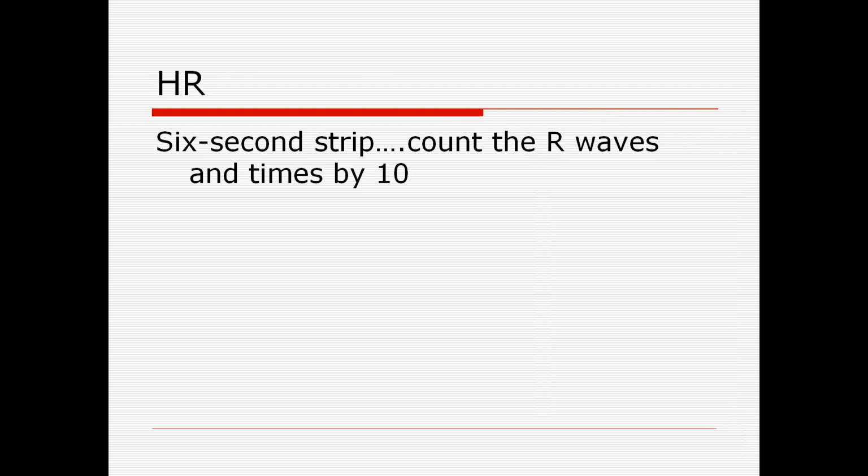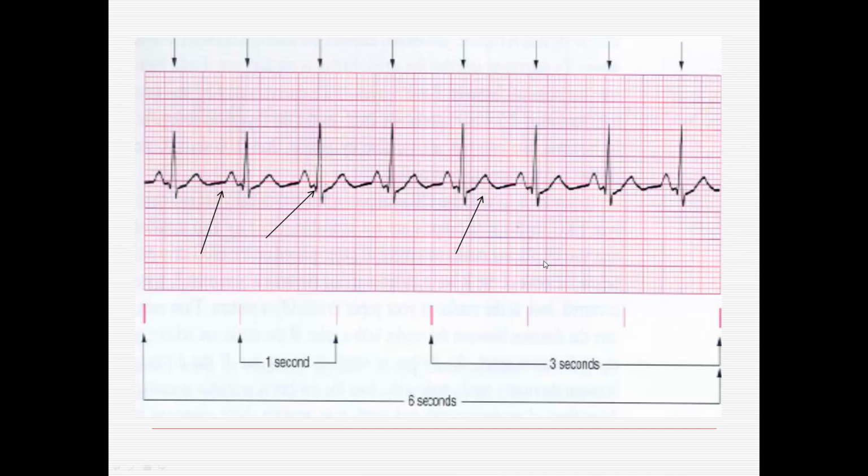So there's lines on the EKG strip that basically says this is 6 seconds. How many QRSs do we have in 6 seconds? So you could count the R waves, you could count the QRSs between each 6 seconds, times it by 10. That's one way to do it. There's other ways, but this is probably the easiest, so this is the one that I'm telling you about.